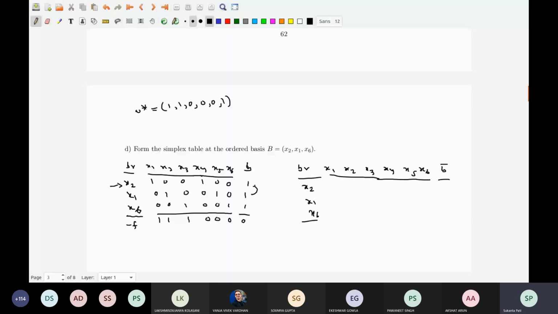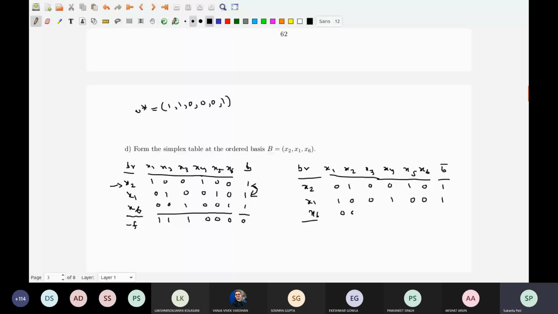So I will write 0, 1, 0, 0, 1, 0, 1. This was the second one. And then I write 1, 0, 0, 1, 0, 0, 1. And I keep the third one as such, 0, 0, 1, 0, 0, 1, 1. And it is 0.